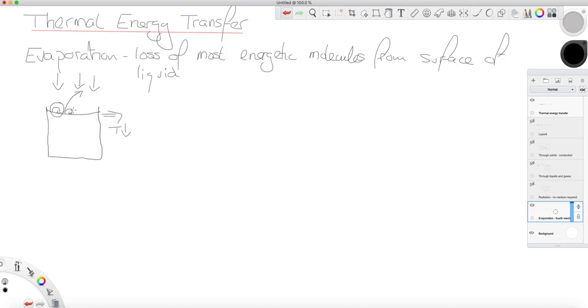So if you were to reduce atmospheric pressure, let's say, for example, you were to take your liquid in a flask and carry it up to the top of a mountain where atmospheric pressure is less, the water at the top of the mountain will boil at a lower temperature than the water at the bottom of the mountain because there's less atmospheric pressure pushing down on it to stop those molecules leaving.